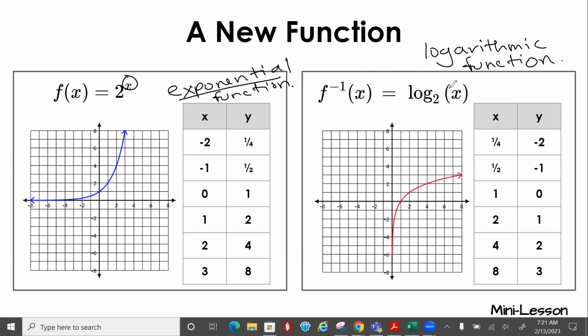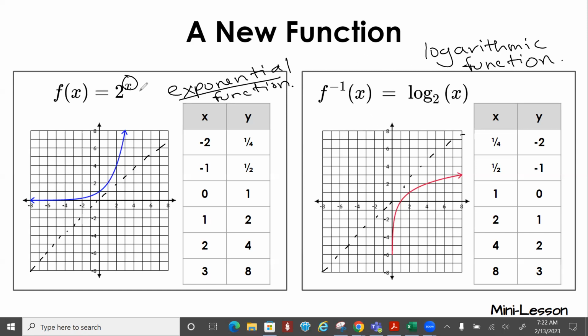How can we tell that? Well, if we have the line y equals x and we draw it, aren't these two lines reflected over that line y equals x? Kind of turn your head to the side, squint a little, it kind of looks like a butterfly, right?